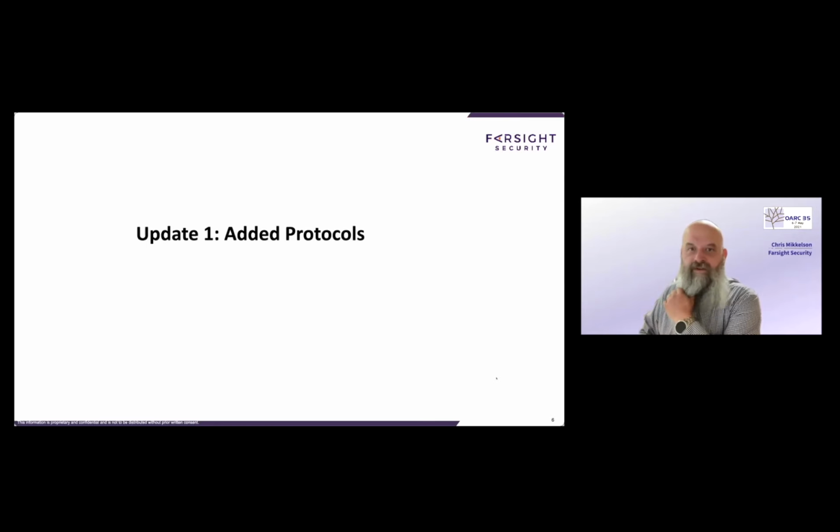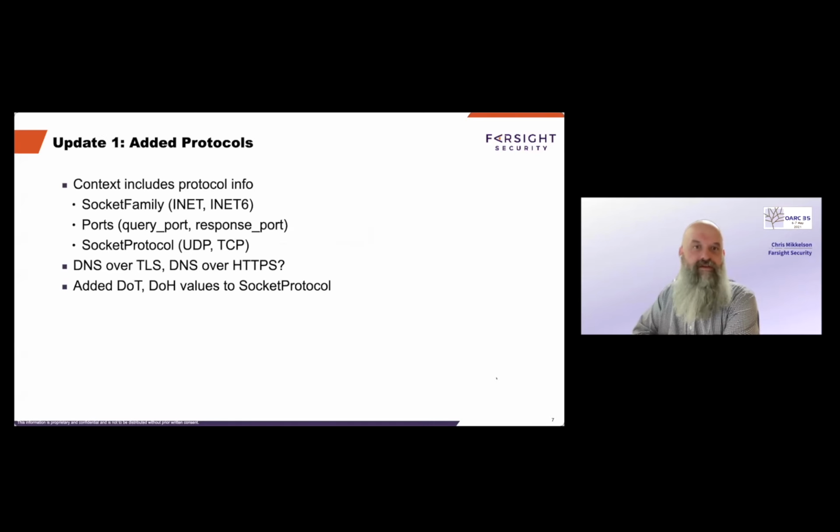The first update we've done recently is adding support for new protocols. So the context has always included some protocol info, a bunch of enum type fields. So whether it's IPv4 or IPv6, and the query port and response ports, and in order to make the ports make sense, a protocol, UDP or TCP.